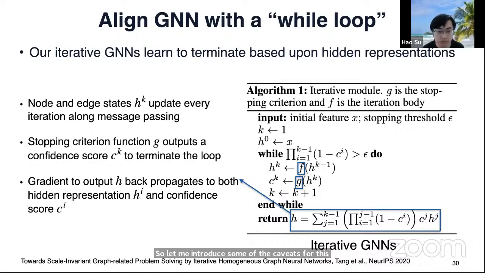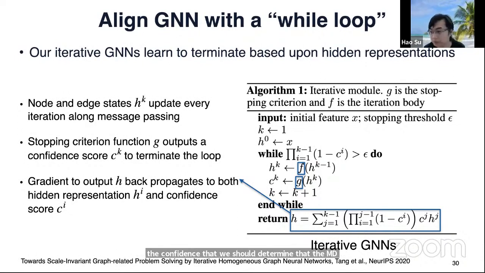So let me introduce some of the caveats for this framework. First of all, H_k corresponds to the node and edge features. They are updated at every iteration along the message passing. And secondly, the G function, which is the stopping criteria function, takes the state as input and predicts a confidence score. This confidence score is between 0 and 1, which is the confidence that we should terminate the loop.